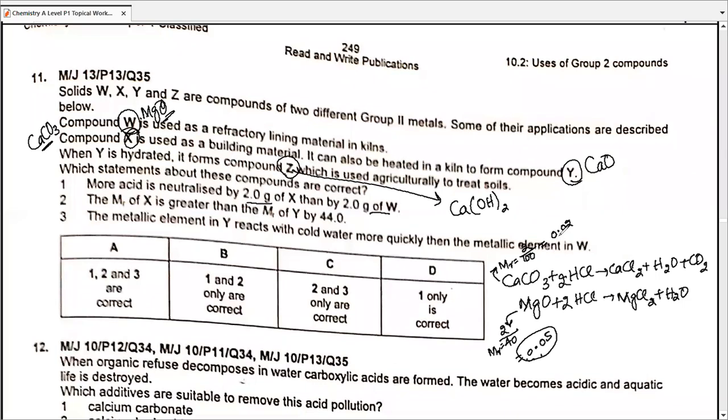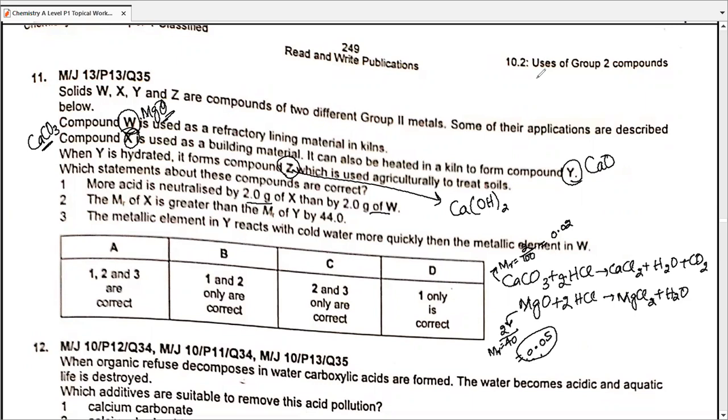So which one neutralizes more? Definitely X. Remember, higher the MR, lower the quantity it's going to neutralize. Lower the MR, higher quantity of acid it is going to neutralize. This should make sense. Does it? Yes.